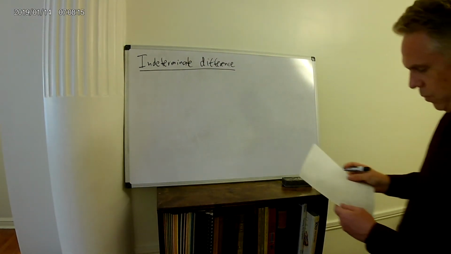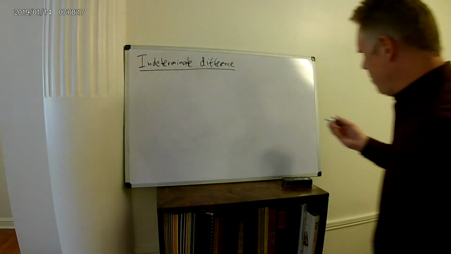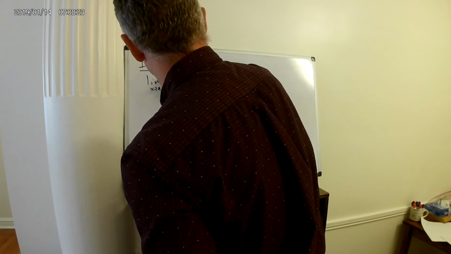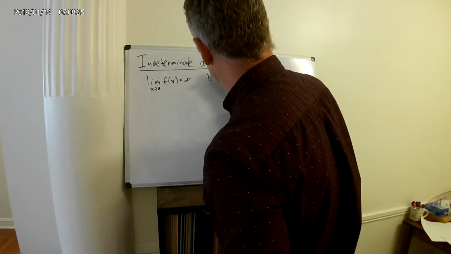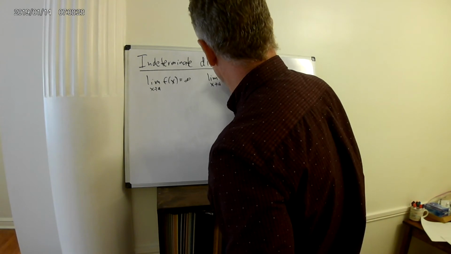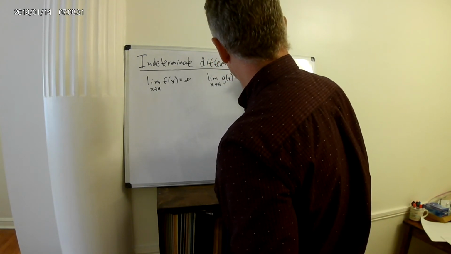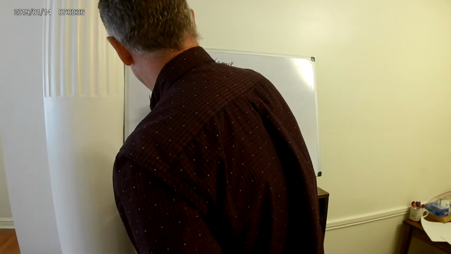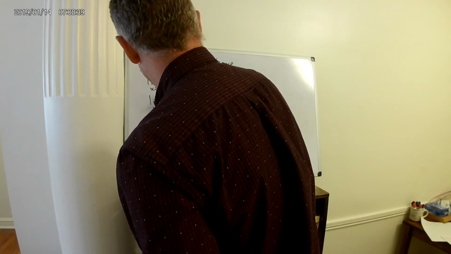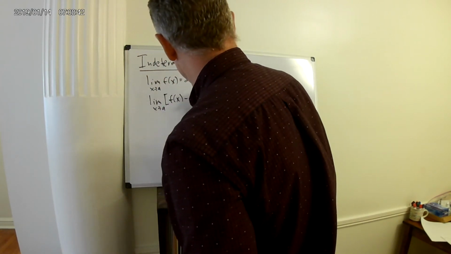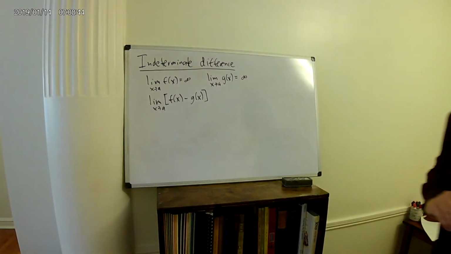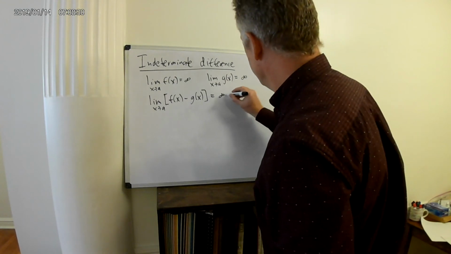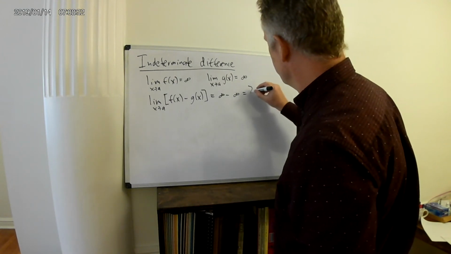The way this works is, let's say you had the limit as x approaches a of f of x equaling infinity, and the limit as x approaches a of g of x equaling infinity. And let's say I want to evaluate the limit as x approaches a of f of x minus g of x. If we plug in x equals a in these limits, we get infinity minus infinity, equals what?